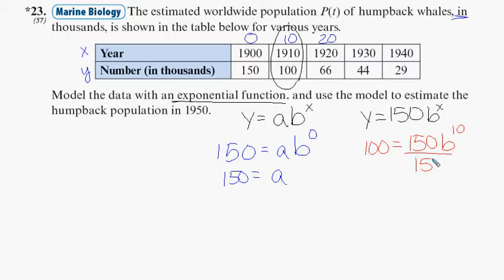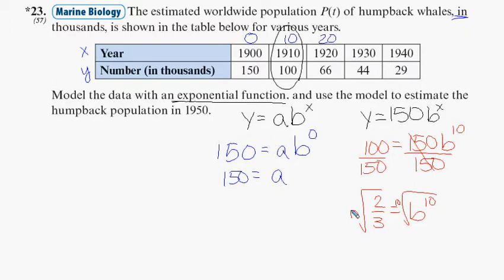Divide both sides by 150, and that gives us 2/3, right? 2/3 is equal to, this cancels, b to the 10th power. To take care of this b to the 10th power, we are going to take the 10th root of both sides.